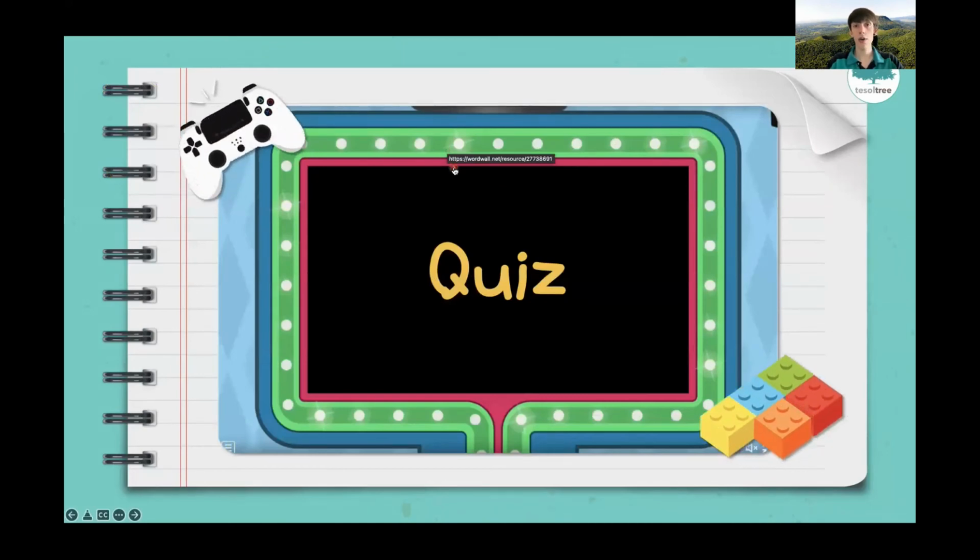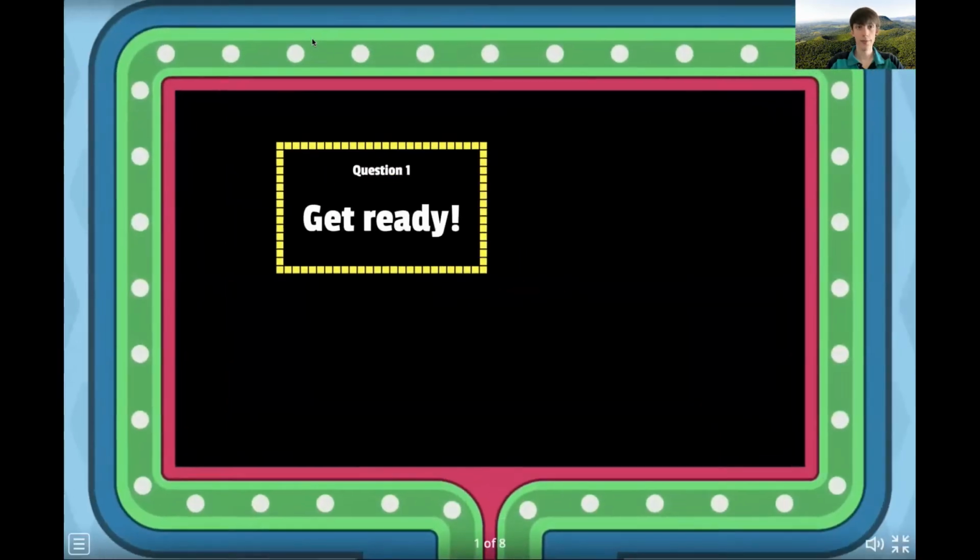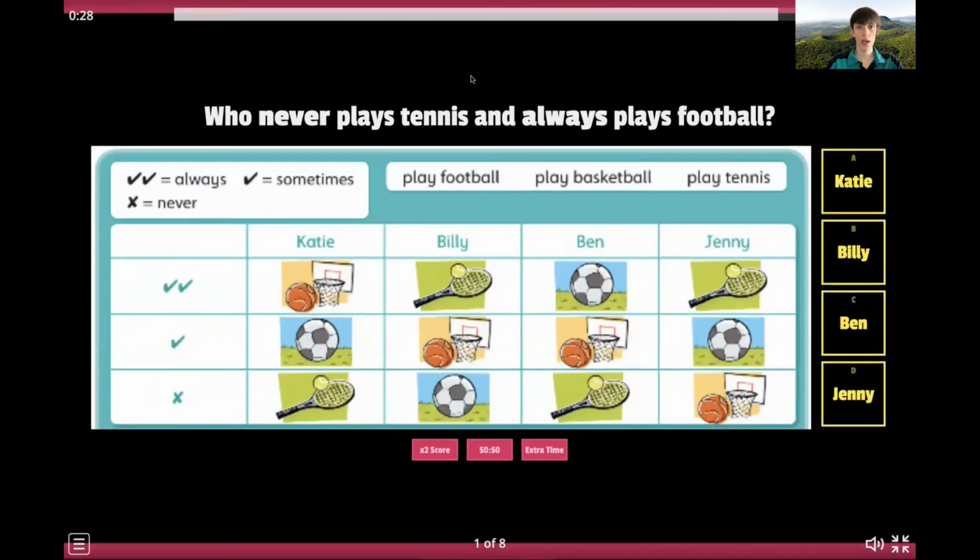Okay, now let's check we understand with a quiz. Teacher Ice will send you a link to a quiz that you can play on WordWall. Let's have a look. To play this quiz, you have to look at the pictures here.